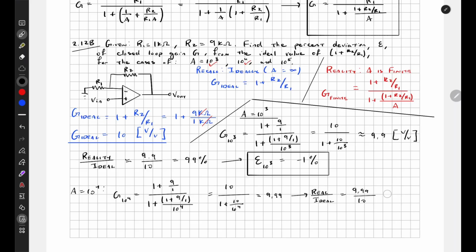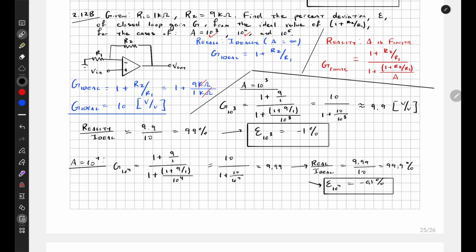This is equal to 99.9. There's 3 nines, so 99.9%. We can infer from that that the percent deviation E in the 10 to the fourth case is 0.1% lower than the perfect 100%.